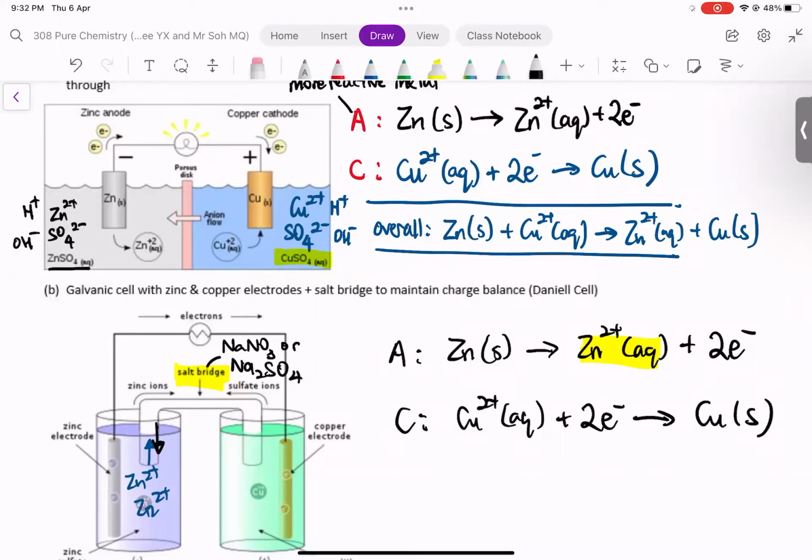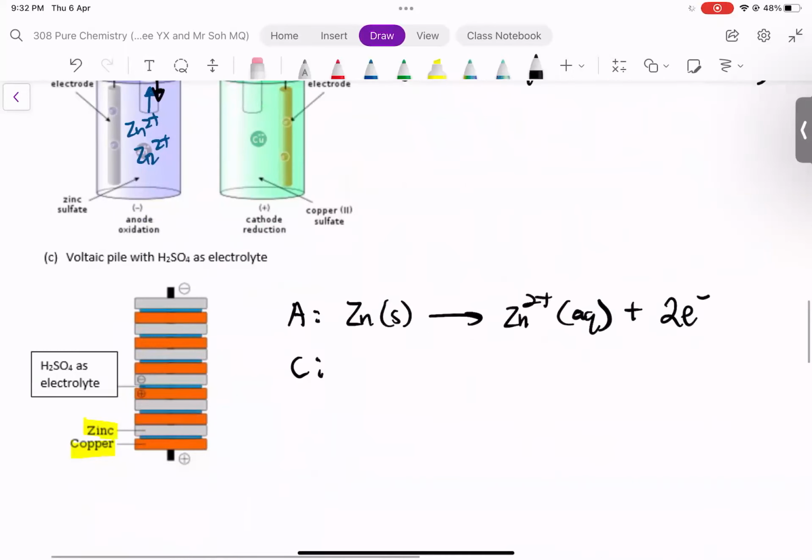If the electrolyte is copper sulfate, that means it has Cu2+ and H+. So between Cu2+ and H+, of course, Cu2+ is selectively discharged. However, in a voltaic pile, it's not copper sulfate. You're using sulfuric acid, which is to say there is no Cu2+. Okay? If there's no Cu2+, it must now be H+.